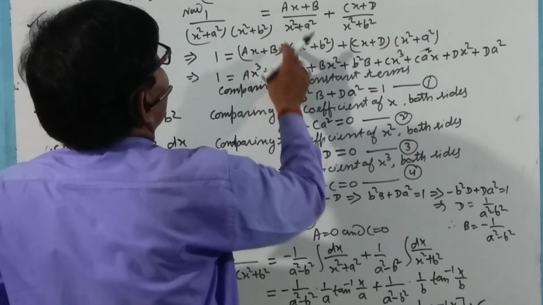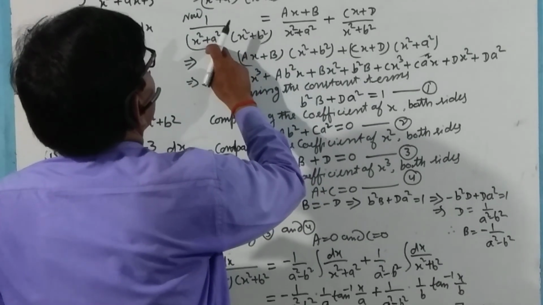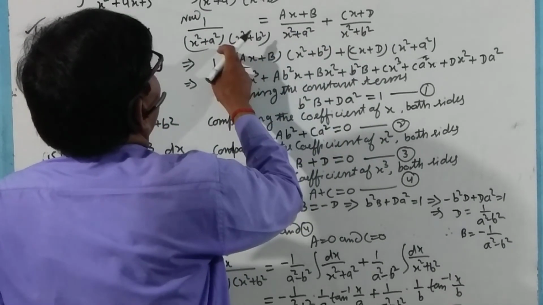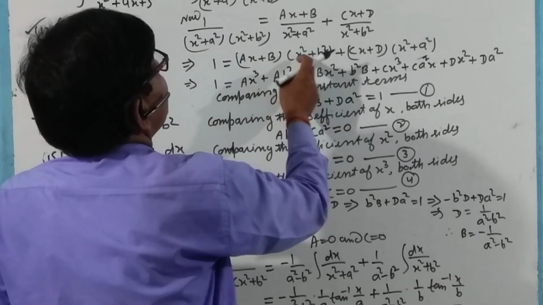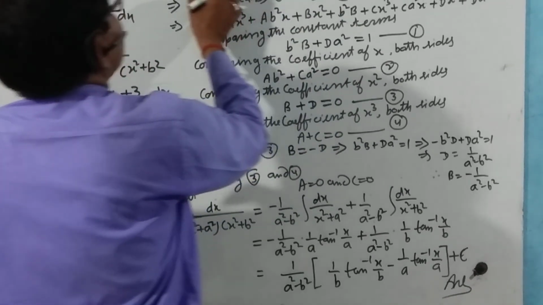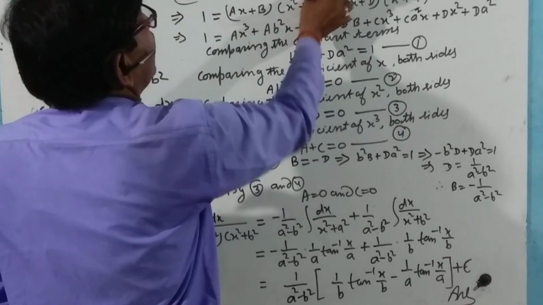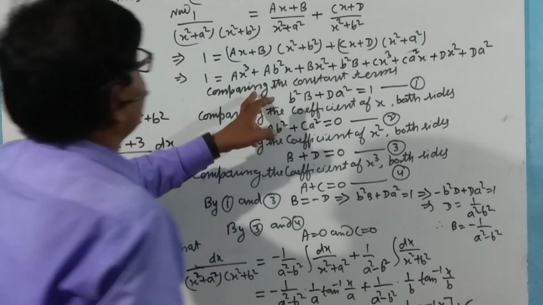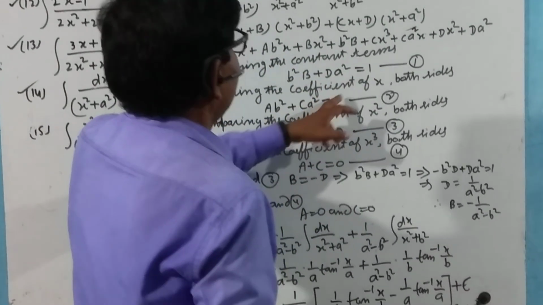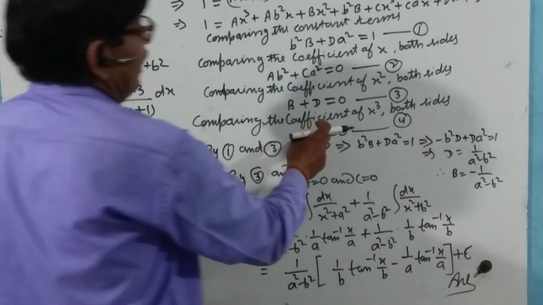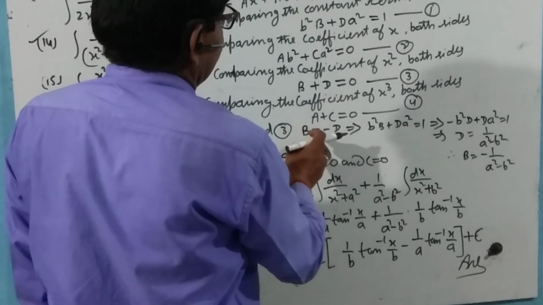Now here, taking the LCM, this is case 1, and the ax plus b terms and cx plus d terms on both sides cancel each other. Now after solving and comparing the constant terms, the coefficients of x, x square and x cube, we get the relation.